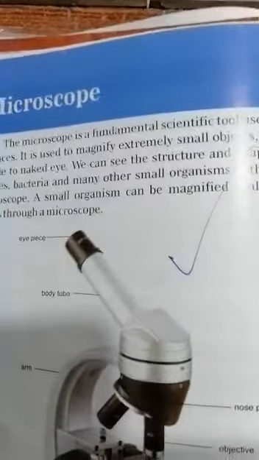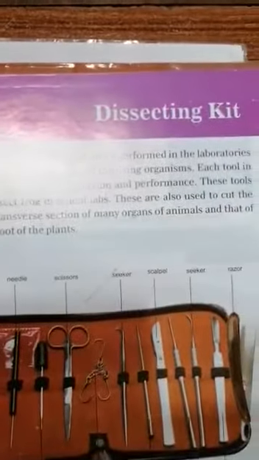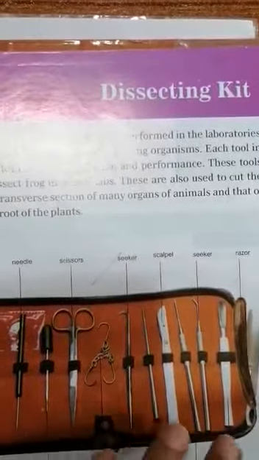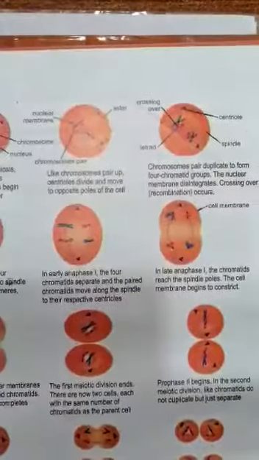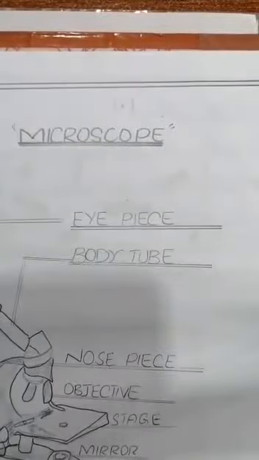First of all, you are going to do this practical, that is compound microscope, then the dissecting kit. The way you are going to do practicals in the biology practical notebook is like this.